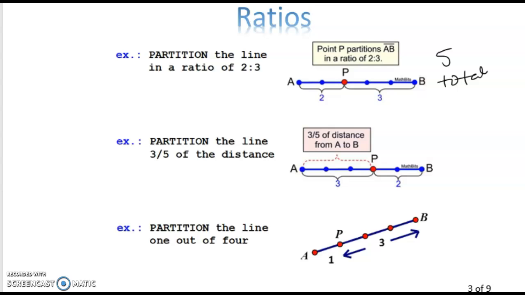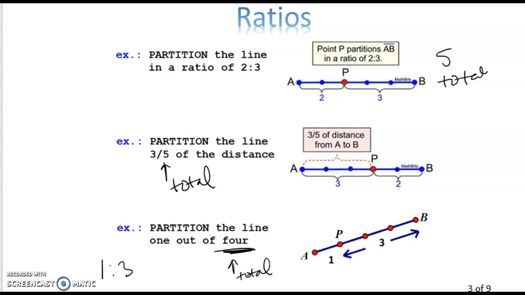If it's 3/5 of the distance, that means the total distance is 5, and we're going 3 pieces away from that, so that would be a 3-to-2 ratio. And then we can also say 1 out of 4, so that means that 4 is going to be our total. And if it's 1 out of 4, that means I'm separating something in a 1-to-3 ratio, 1 part to 3 parts.